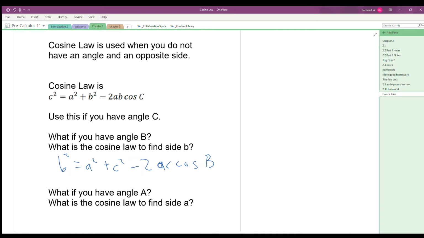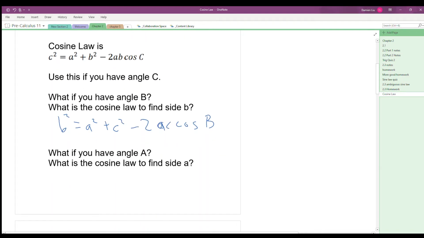C squared equals A squared plus B squared minus 2AB cos C. If you have B squared or angle B, then you want the formula B squared equals A squared plus C squared, take away 2 times A times C cos B. Hopefully that's clear for you.